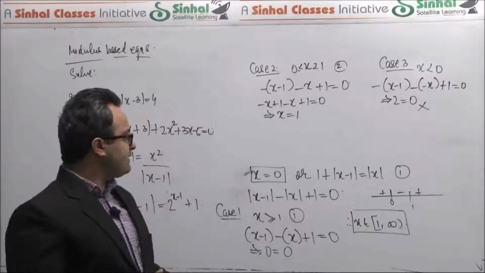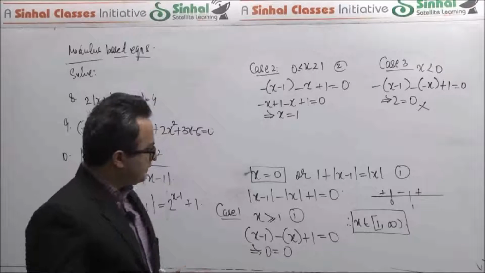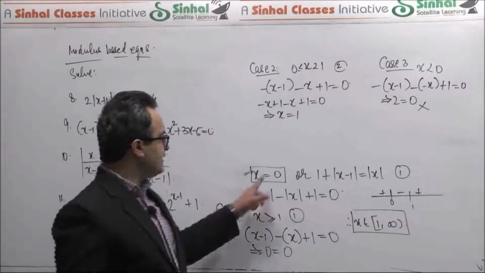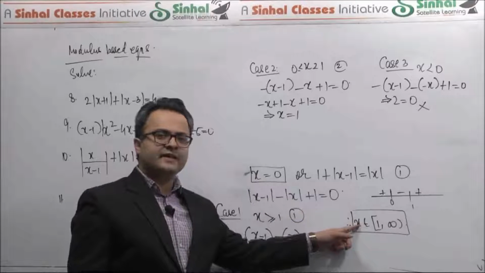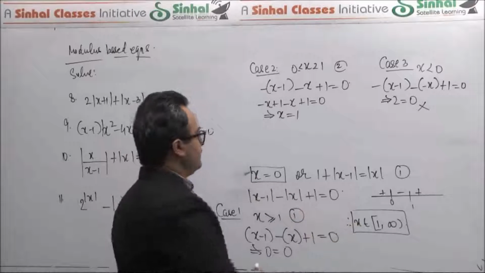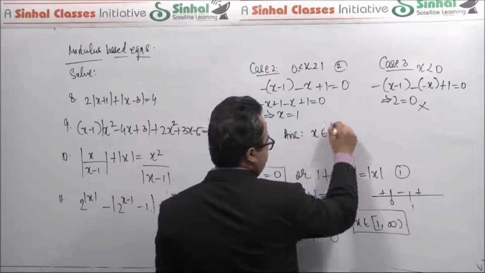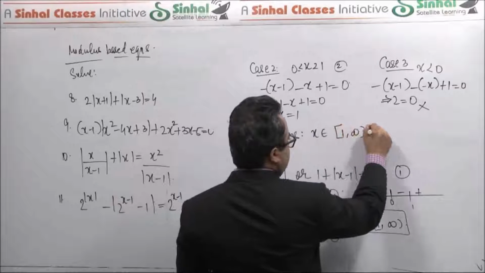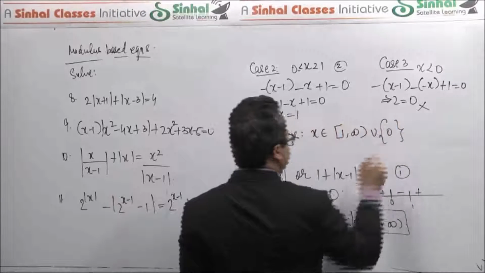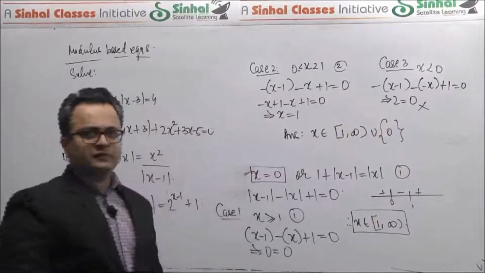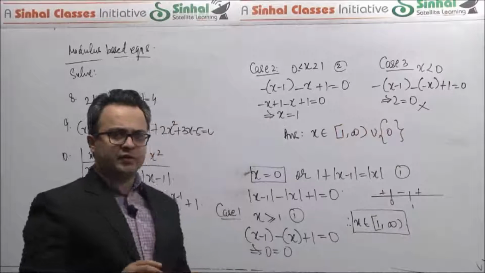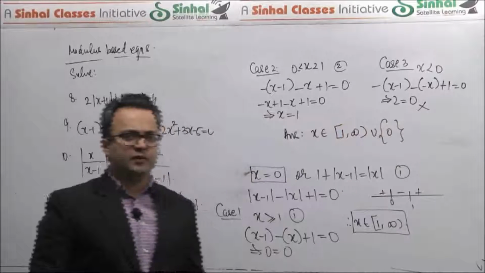So in your final analysis, you can have x as either 0 or x can take any value which is greater than or equal to 1. So our final answer then is, x can take any value which is greater than or equal to 1, or it could also be equal to 0.